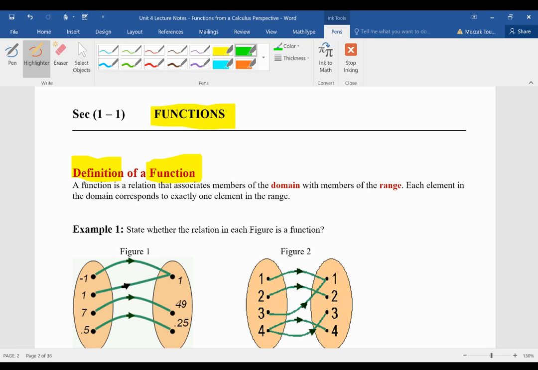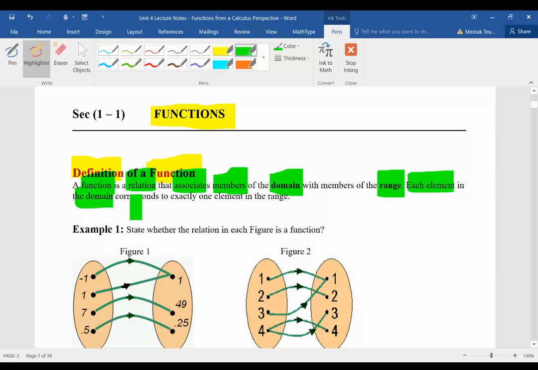A function is a relation that associates members of the domain with members of the range. And the condition that must be satisfied is each element in the domain corresponds to exactly one element in the range.